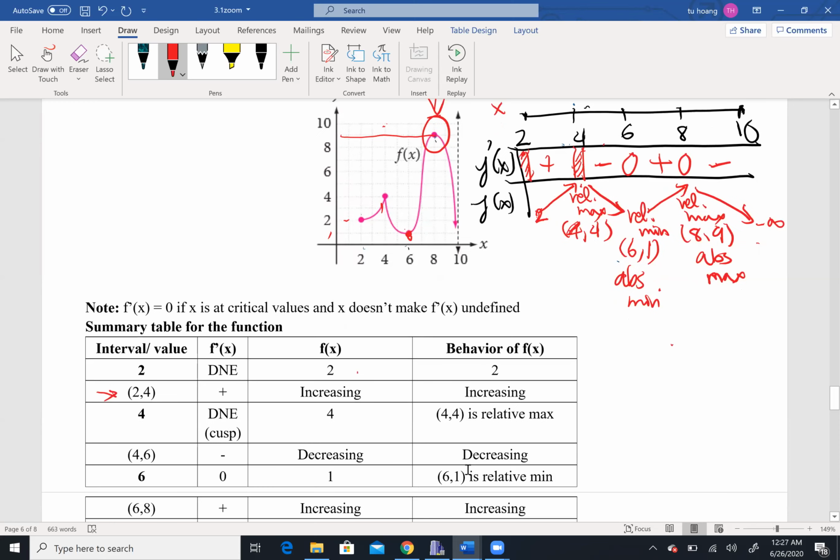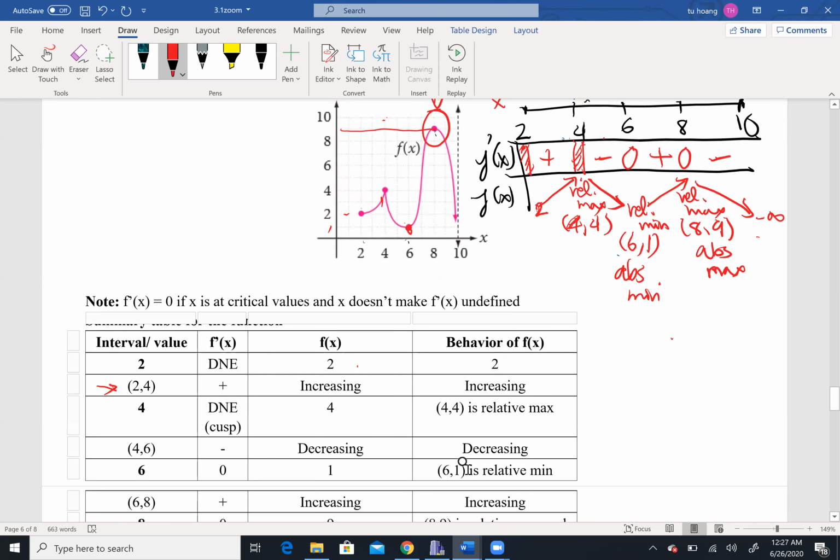Another special point is a critical value, which is 6 here.